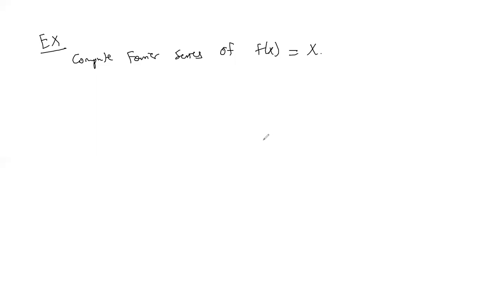All right, so just the linear function x, let's compute the Fourier series of it. Okay, so the Fourier series of x is the function f equals, let's just write it out, a0 over 2 plus the sum of an cosine nx plus the sum of bn sine nx.